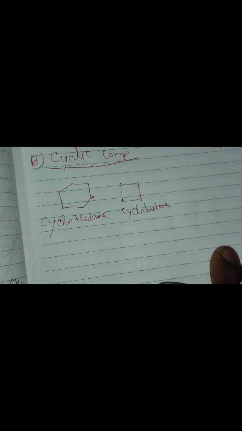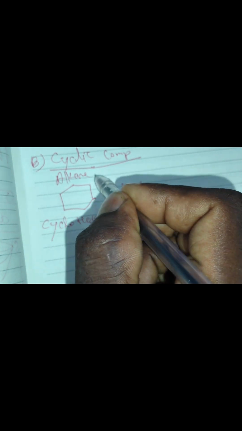Similarly this is a saturated 4-membered ring, cyclobutane. So this is the alkane category.